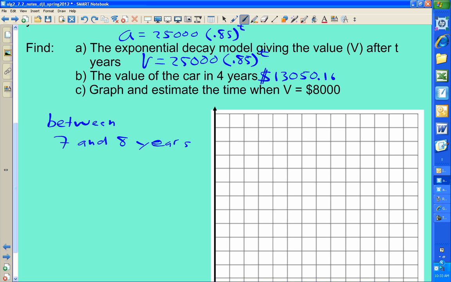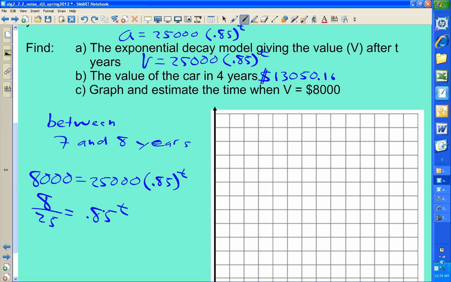You're solving for T. If you plug in 8,000 to your equation, that's exactly what you're supposed to do. When you divide by 25,000, you get 8 over 25 equals 0.85 to the power of T. You mathematically can't do that.